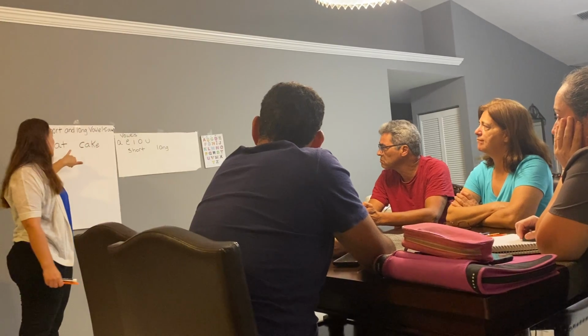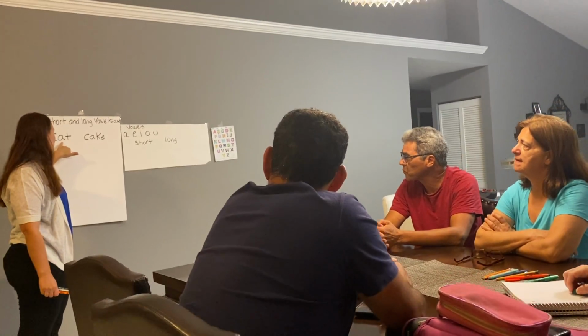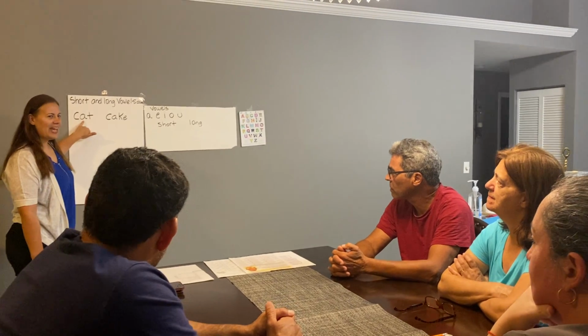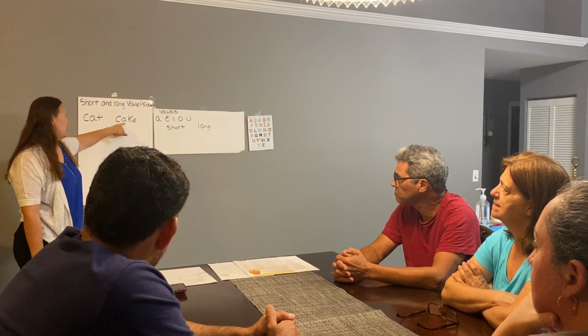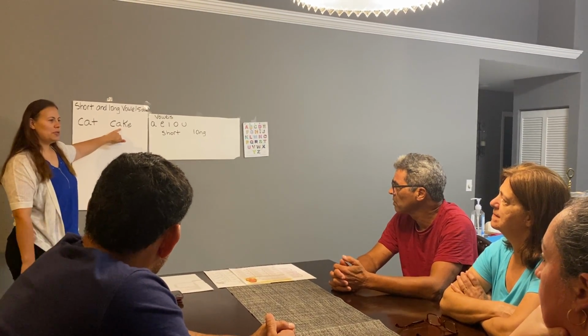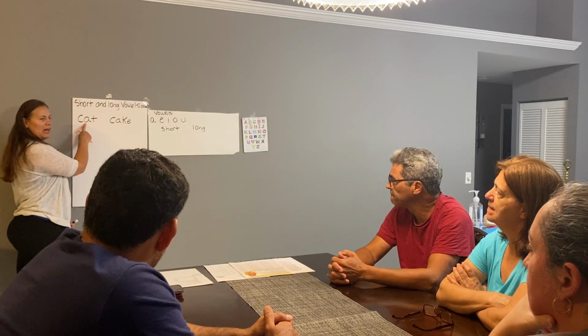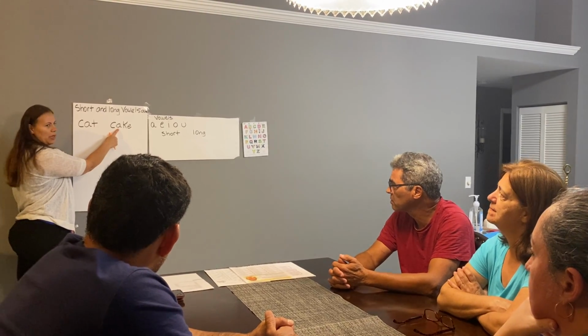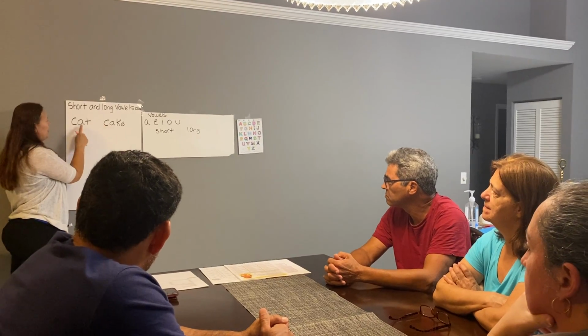Okay? So today's topic is short and long vowel sounds. So let's take a look at this word. Angelica, can you please read me this word? Cat. And Dele, can you please read me this word? Cake. Okay. So you see the difference? We have a vowel here, the vowel A, and on the other word, we also have the vowel A. But these two vowels are the same, but the sound is different.